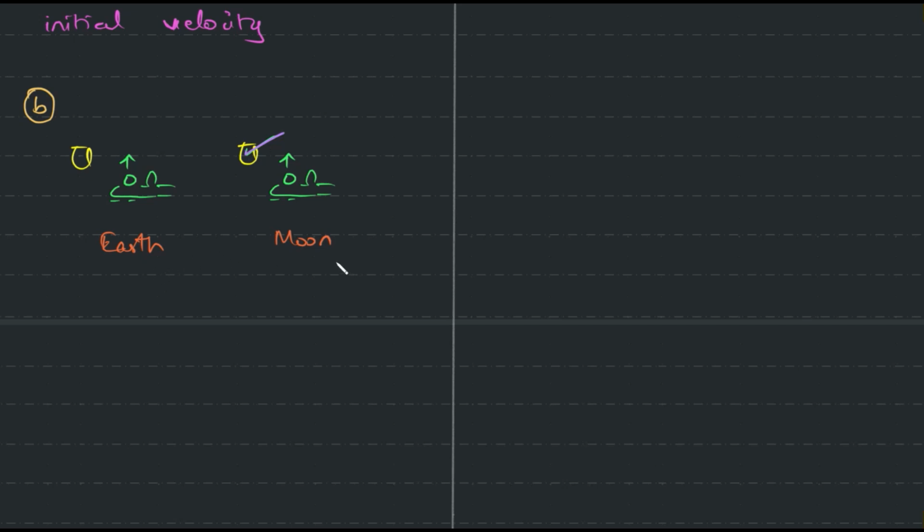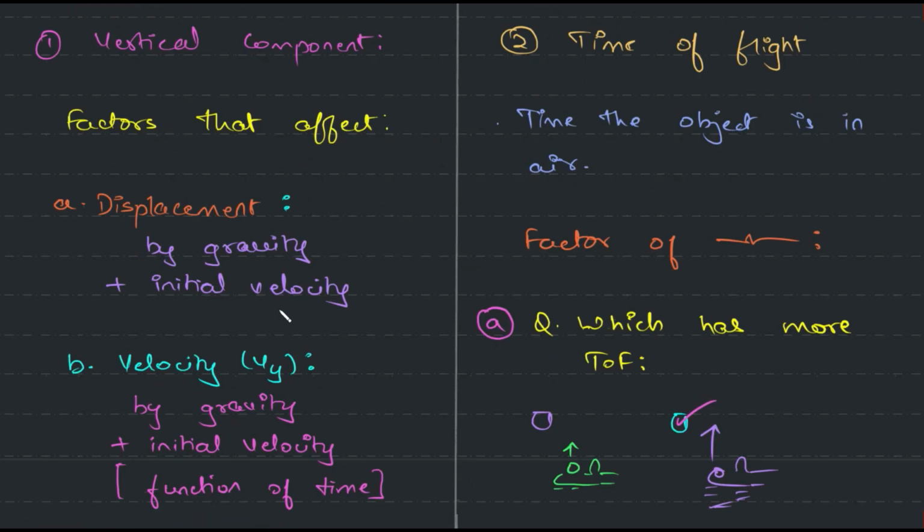Because the pull of the moon's gravity is much lesser than that of the earth, and so it will go further up and then come down. So time of flight does get affected by the value of gravity. Again, guys, there might be a lot more hidden factors. We're just getting introduced to the idea, right?